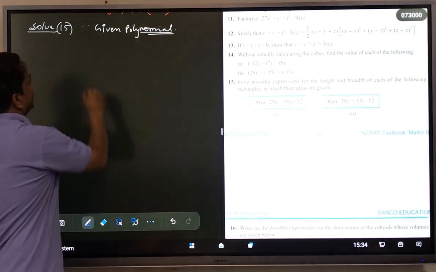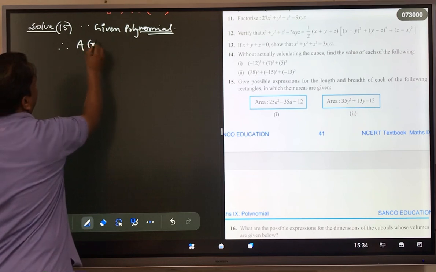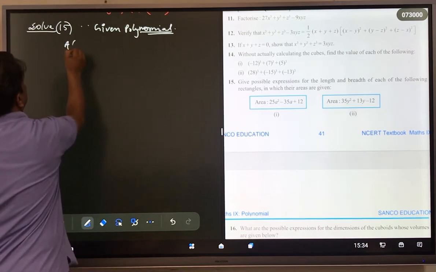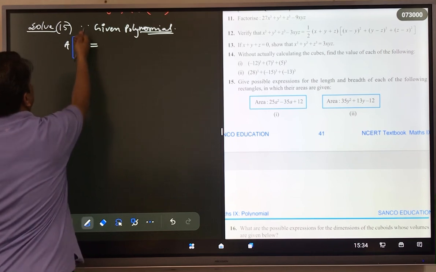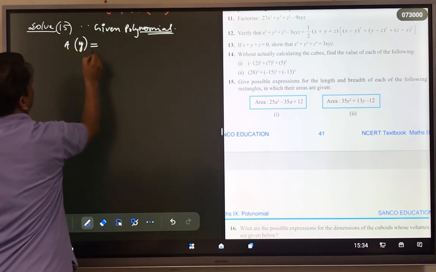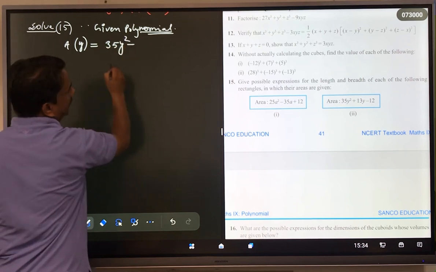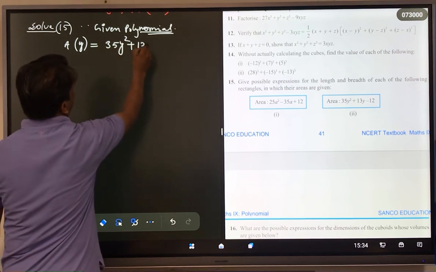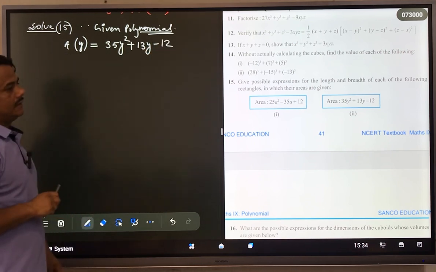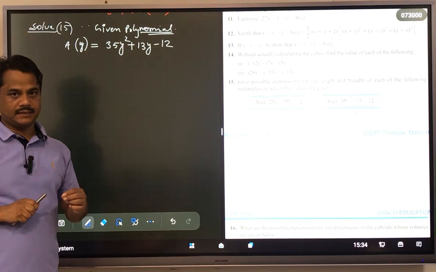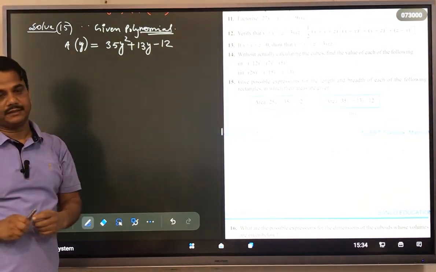So therefore this area polynomial is A of y, that is, this polynomial in terms of y: 35y square plus 3y minus 12. The function that you will make is the same, but the expectations of the questions are different.